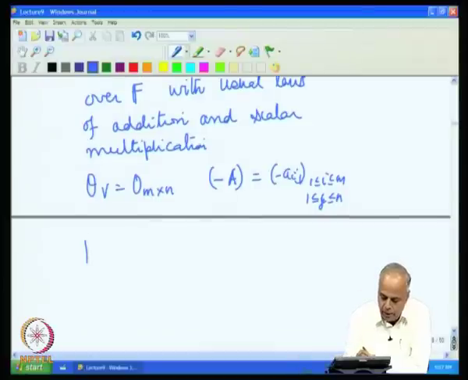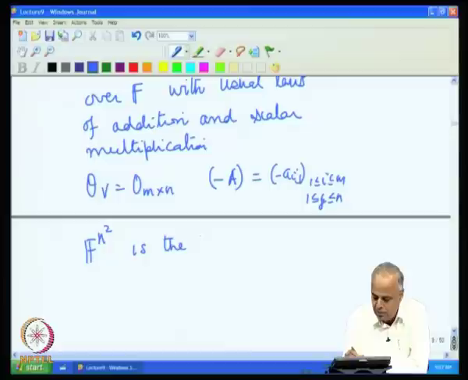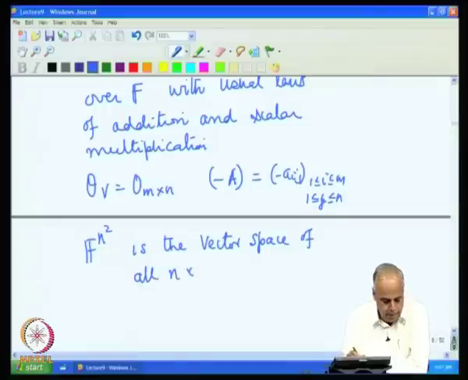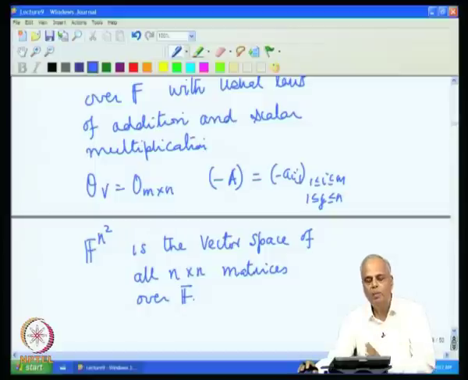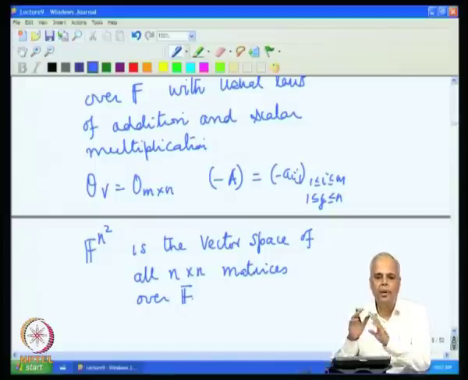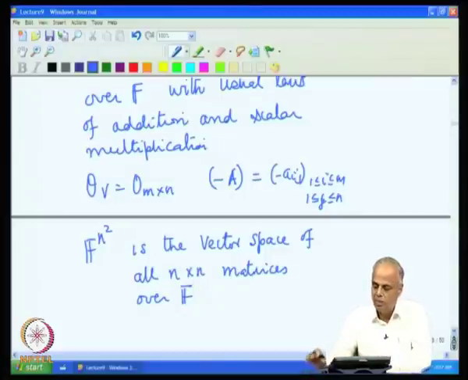And in general we can go from the rectangular to the square matrices: the vector space of all n by n matrices over the field F. So, first we had the vector space of k by 1 vectors with all the entries from a field F, then we had the vector space of all matrices m by n where the entries are from a field.